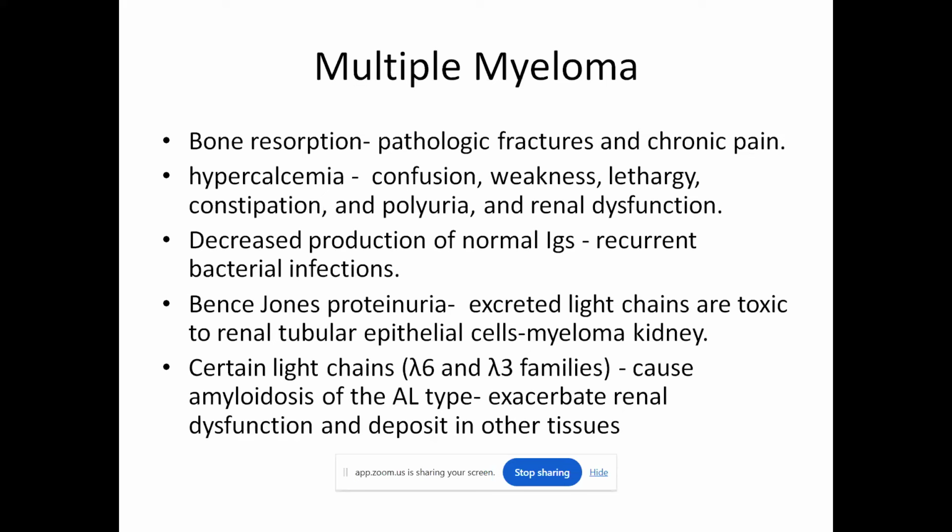When the Bence Jones proteins, the free light chains, are excreted in the kidney, they are very toxic to the renal tubular epithelial cells. So they produce myeloma kidney. Sometimes light chains of the lambda 6 and lambda 3 families can produce amyloidosis of the AL type. This can produce soft tissue deposits, and kidney dysfunction can also be produced by these light chains.